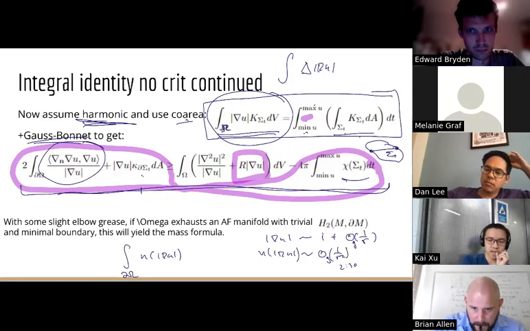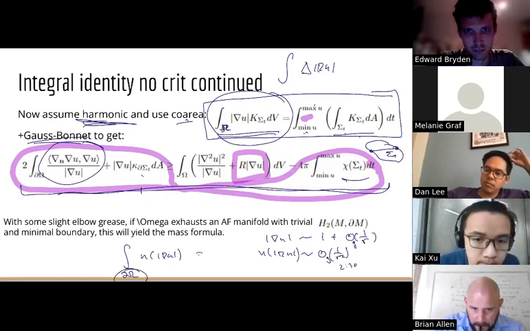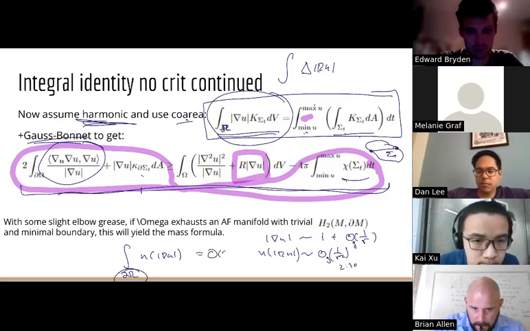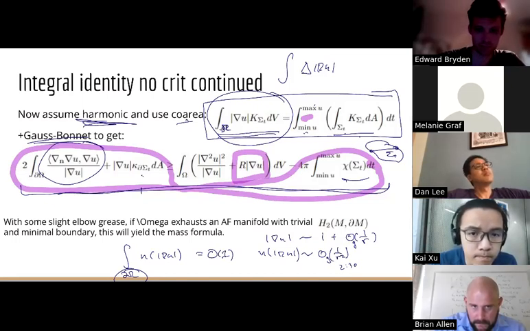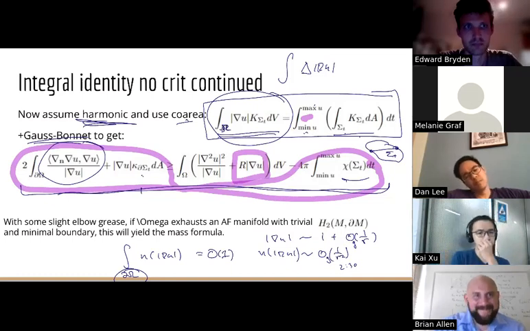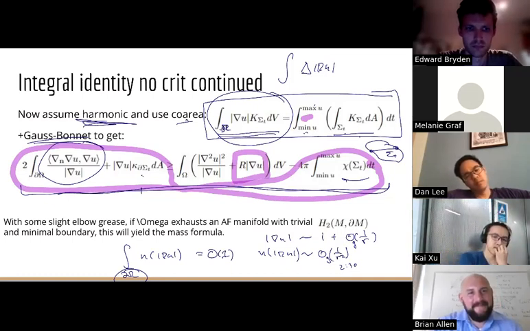And then you're integrating it on a two-dimensional object, so this is like big O of 1. You've integrated scalar curvature by parts, and on the boundary you have something which is a constant. That constant, you've proved the theorem. There's something to check, that the boundary term can literally be identified with mass, but this proves the theorem regardless. So you know that you're doing something. I see, thank you.